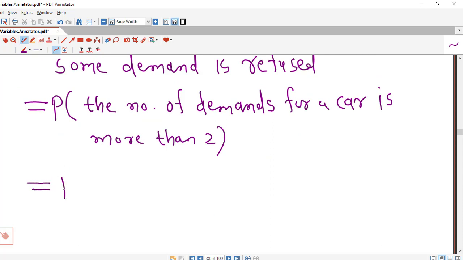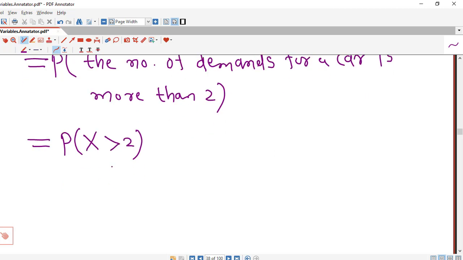That is equivalent to the probability of this event, capital X is greater than 2.